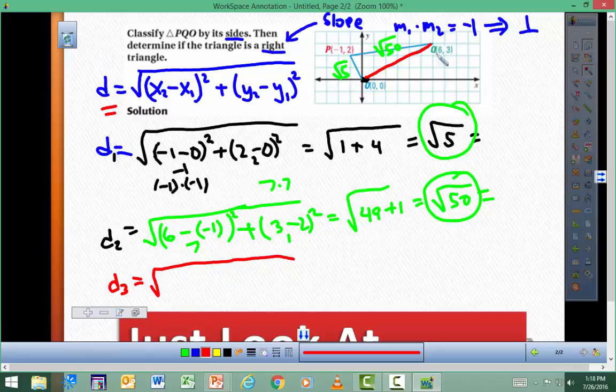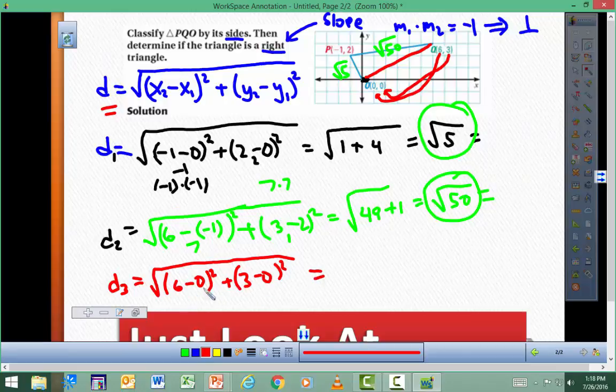So let's see here. We've got to subtract the x coordinates. That means we subtract the 6 from that. Okay. So 6 minus 0, and we square that. Plus, when we take this y coordinate and subtract the other y coordinate, 3 minus 0, we're going to square that.